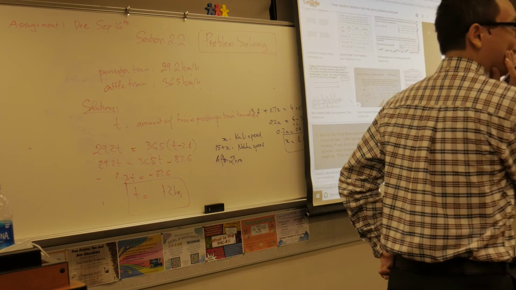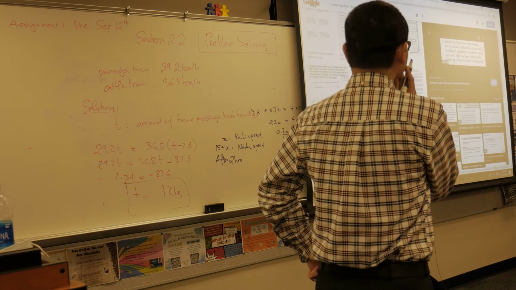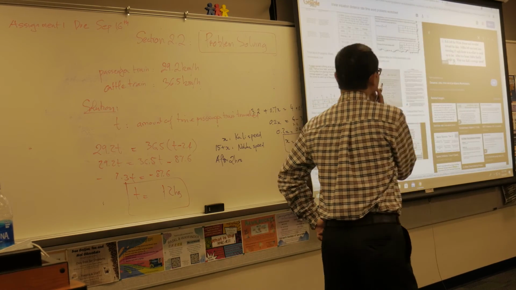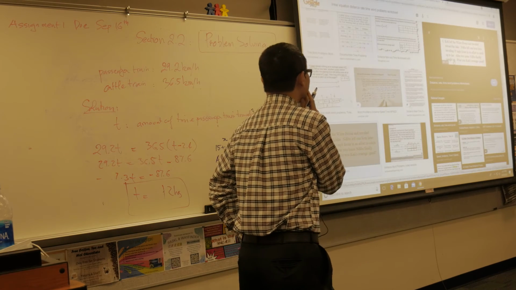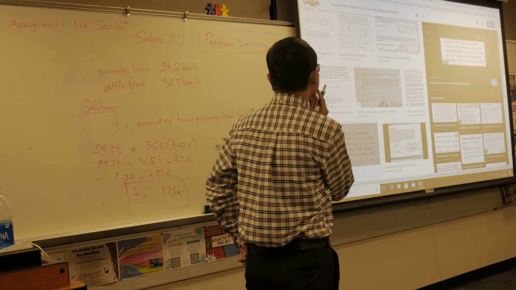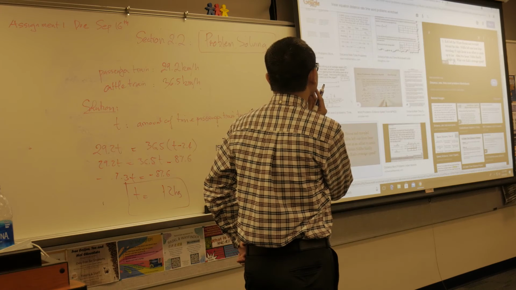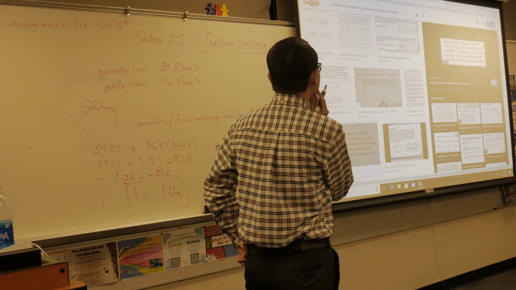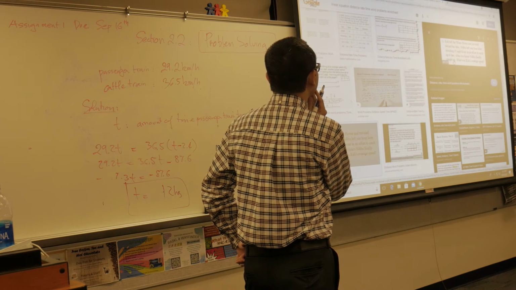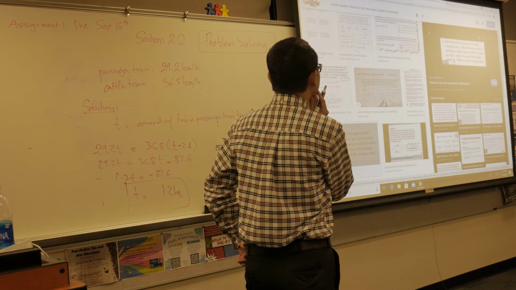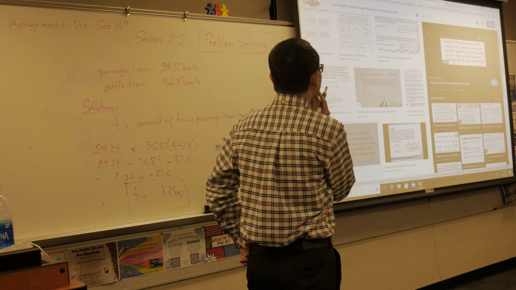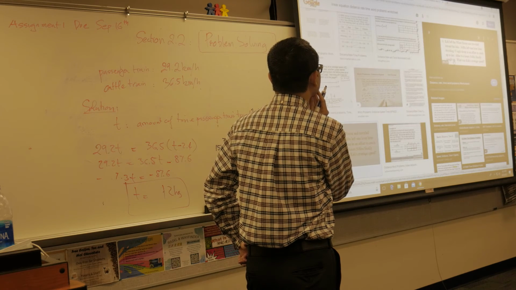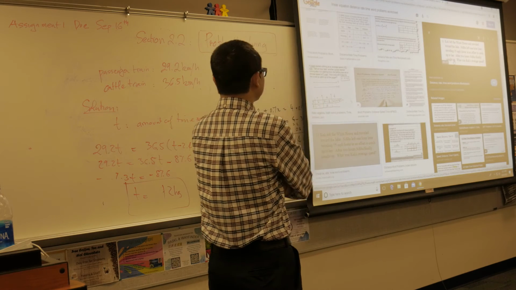Oh, wow. It's a crazy problem, huh? After 2 hours, so now they left 1 hour later. That's plus 1. Then after 2 hours, now they are finally caught up. Subtract 2.